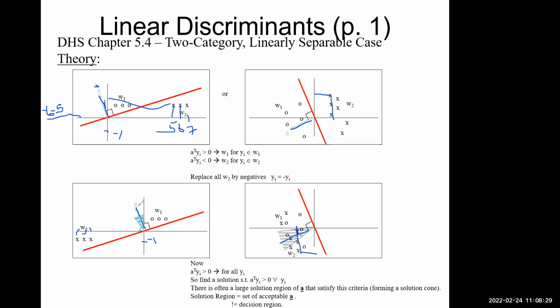And as we wiggle it, that normal vector has a zone where it can lie, and we still satisfy all points on the same side of the line. So we want to find a solution so that all the points are bigger than 0, all the points are on the same side of the line. And often there's more than one solution.